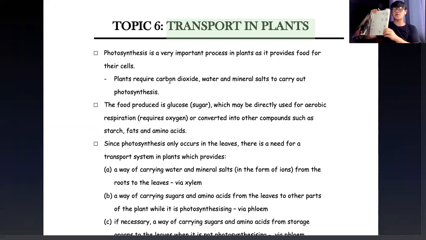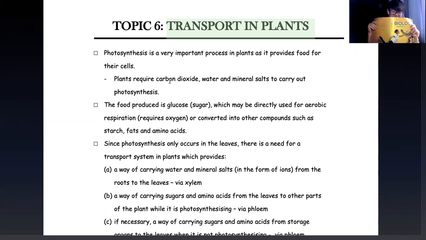We're going to discuss from page 171 up until page 175, the transport system, the structures and functions. The rest we're going to look at some other time later.